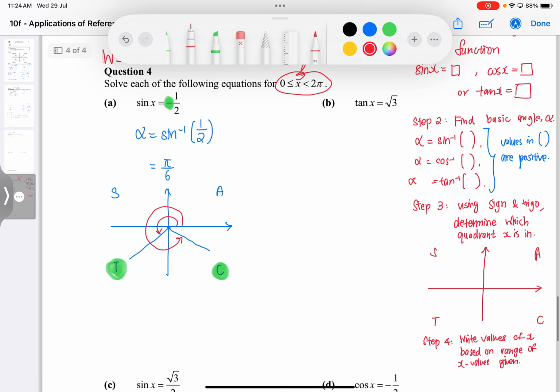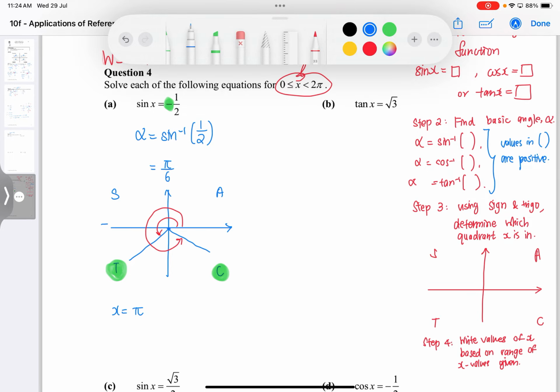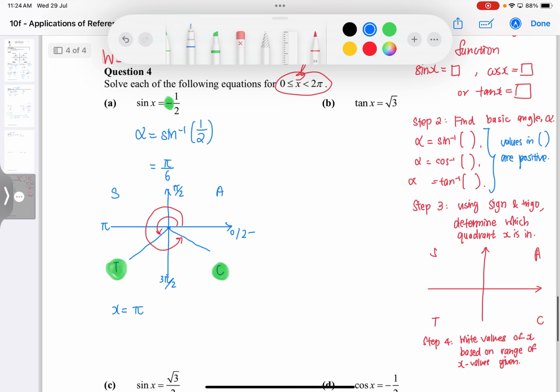Based on the position, remember that this is 0, pi over 2, pi, and 3 pi over 2. These are the 4 quadrants: 90, 180, 270, and 360, so 0 to 2 pi.